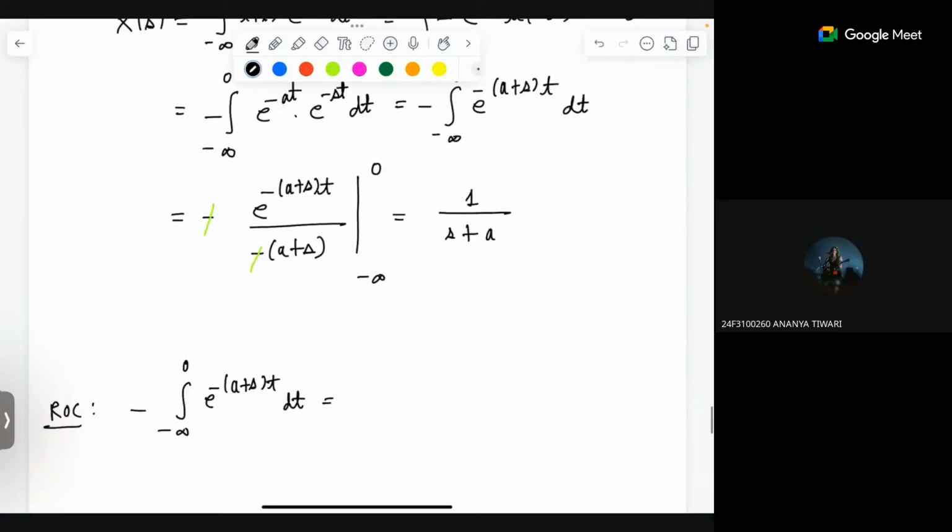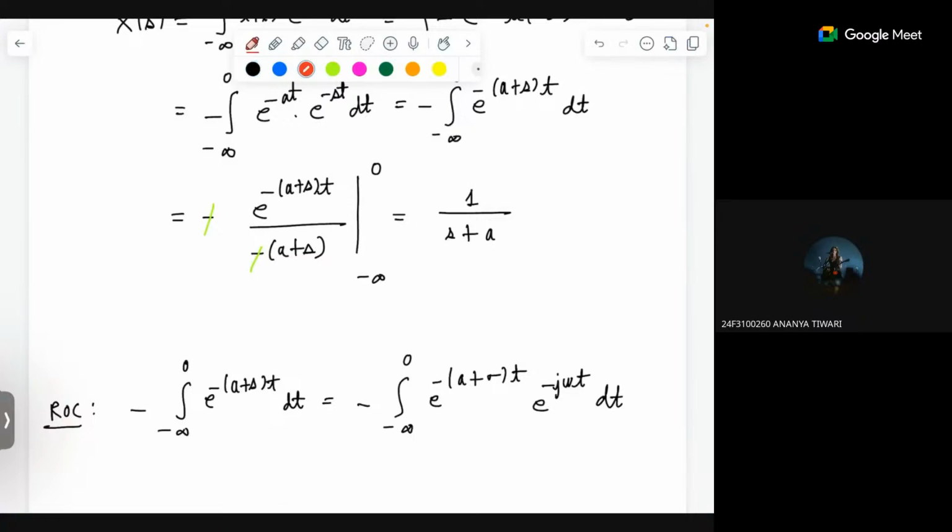Again, I will write s as sigma plus j omega. So what I will have is e raised to the power of minus a plus sigma, whole multiplied by t, e raised to the power of minus j omega t dt.